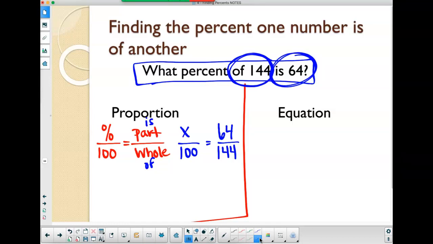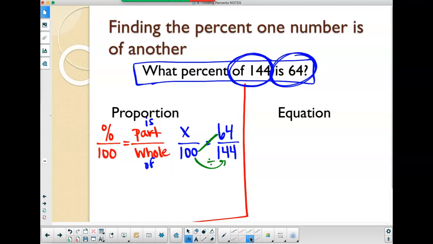Do we know how to solve a proportion? Yes, no, maybe. We did a whole unit on this, right? How do we solve this proportion? What do we do? Matthew, go ahead. 100 times 64 and divide that by 144. Right. You multiply the two numbers on the diagonal, divide by the third number.